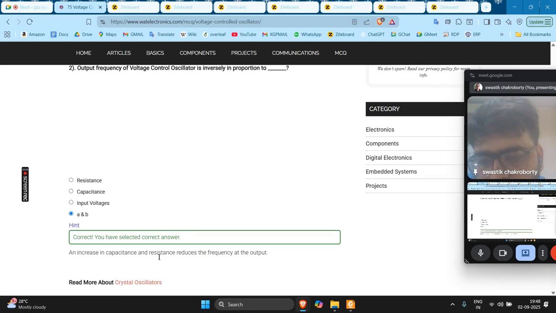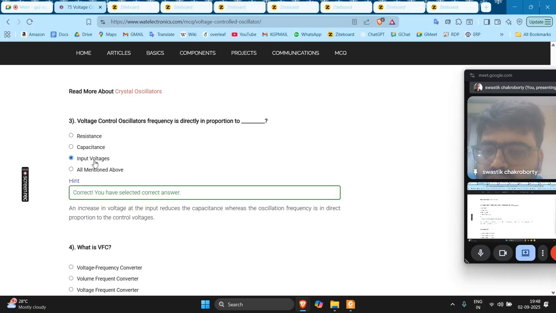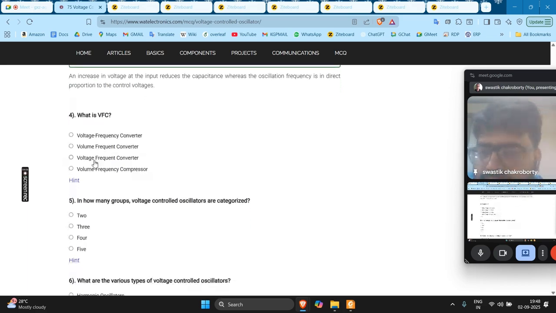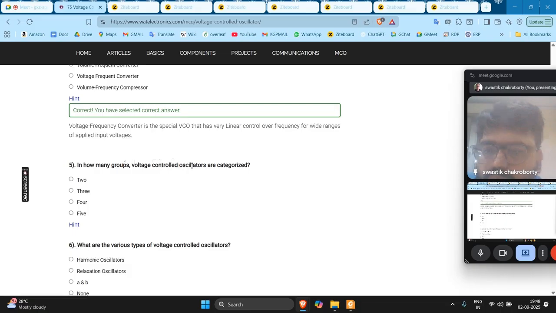So it is A and B. Now, voltage control oscillator frequency is directly proportional to input voltage. What is VFC? VFC is the voltage frequency converter.